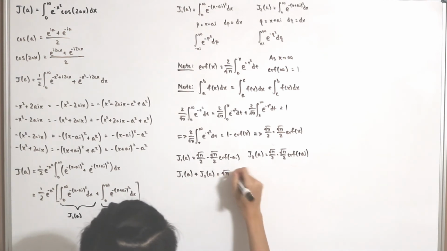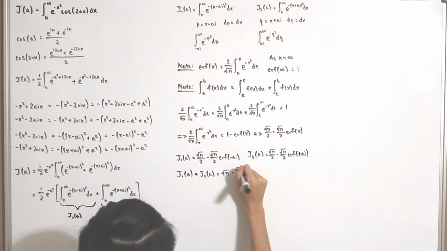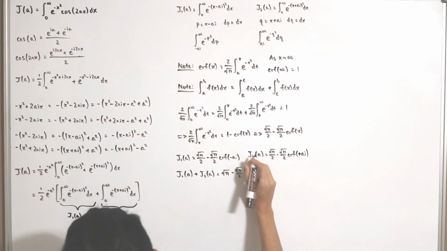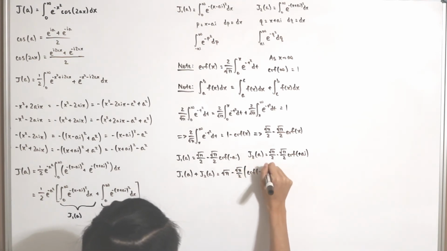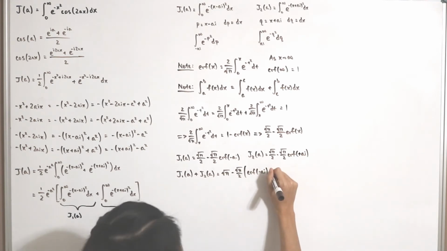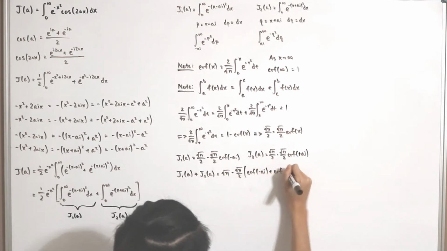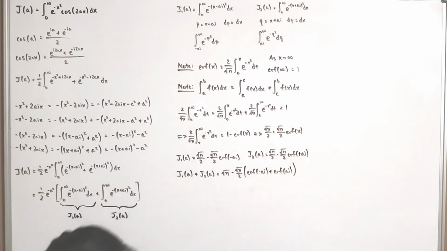I can factor out minus the square root of pi divided by 2 times the error function of negative ai plus the error function of ai. Okay, cool.